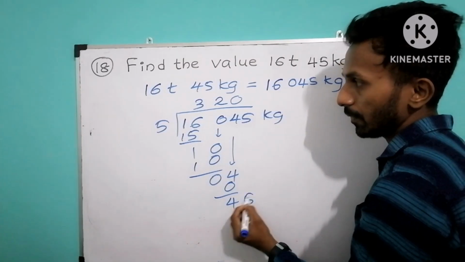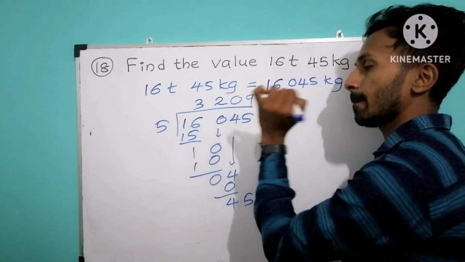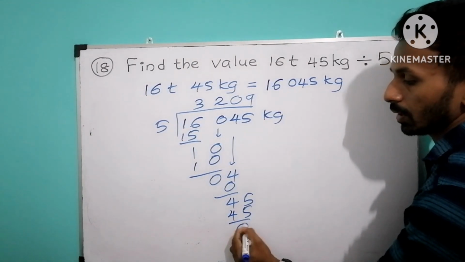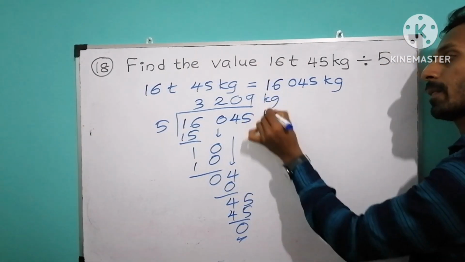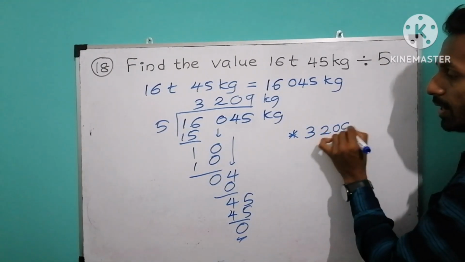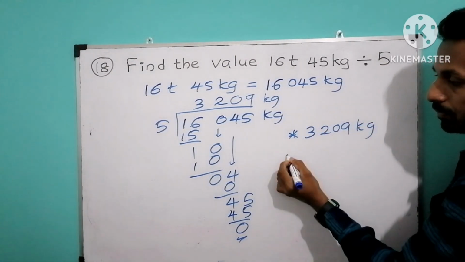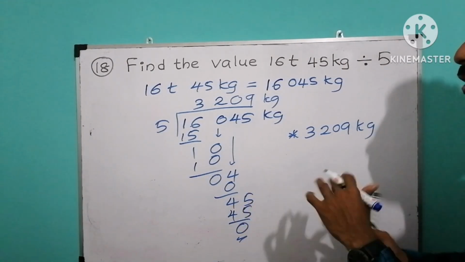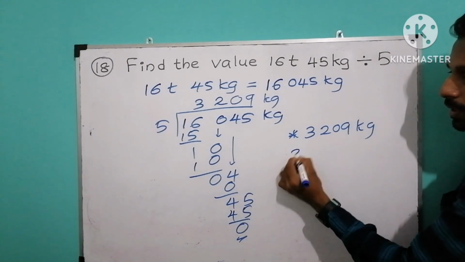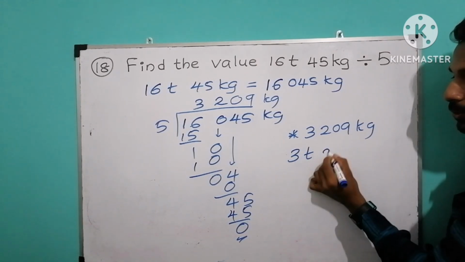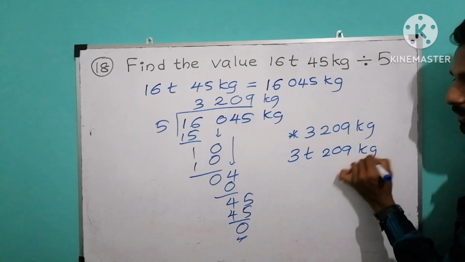Get this 5. 45 has 9. 9 times 5, 45. This is your answer, 3,209 kilograms. We write this with metric tons and kilograms. 3,000 means 3 metric tons and 209 kilograms.